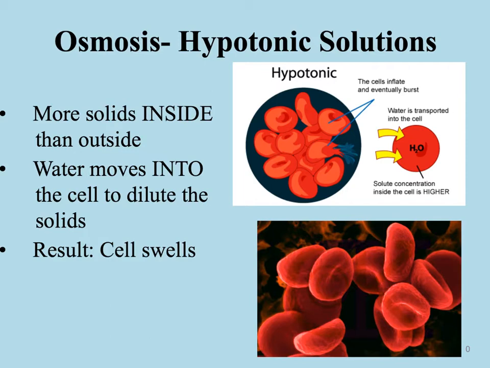So let's say it is 10% on the outside and 20% on the inside of the cell. What happens is water is going to move from the outside of the cell into the cell. And the reason, again, is because water is moving into the cell to try to dilute the concentration that is higher in the cell. So inside the cell it would be hypertonic, outside the cell would be hypotonic.